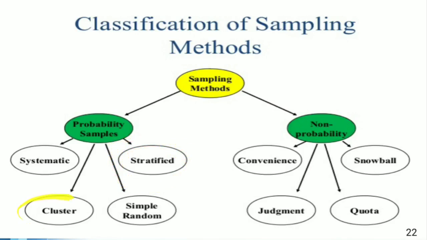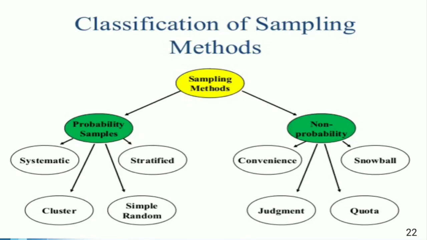If you are arranging the population on a geographical basis, that is called cluster sampling. Stratified means we will classify not based on geographical basis, like men and women, it is a classification, it is not based on geographical. But if you are classifying the men and women based on geographical location, it is cluster sampling. So these are the major probability sampling methods. In addition, we may have a multi-phase sampling.